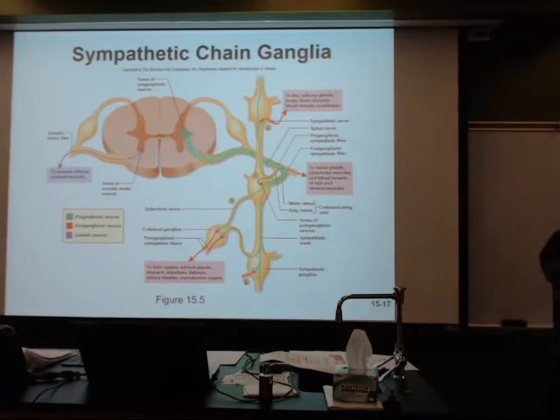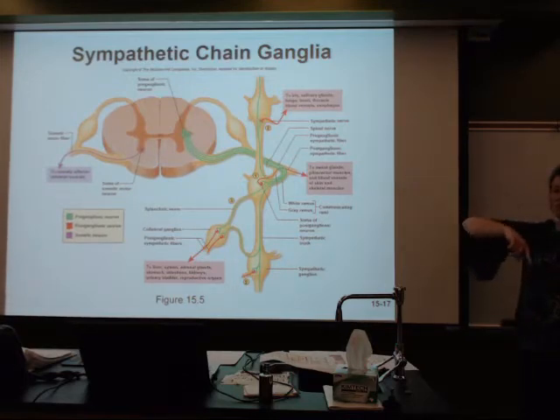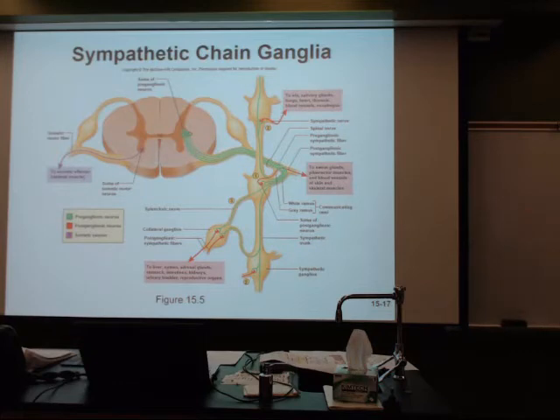But I'm getting representation now for my autonomic nervous system with the green. One of the things that I've tried to mention a lot is the lateral horn.